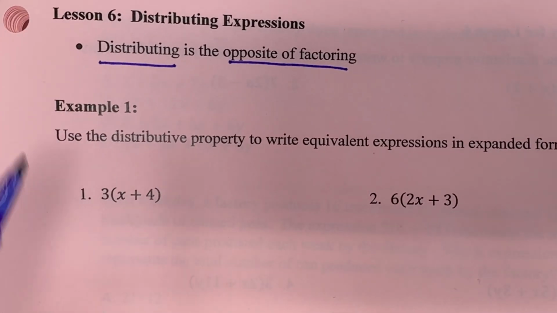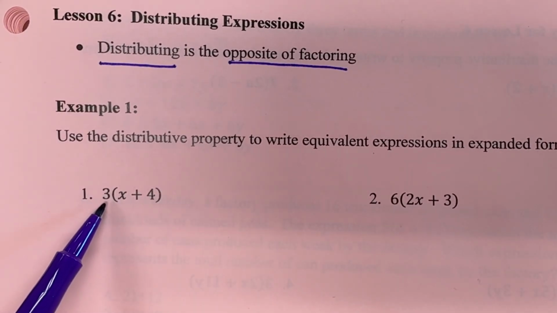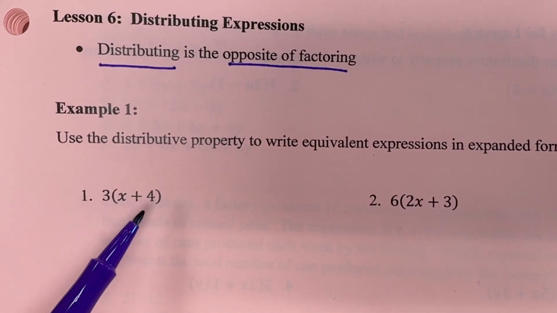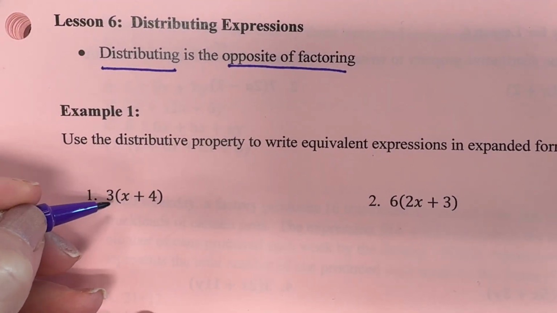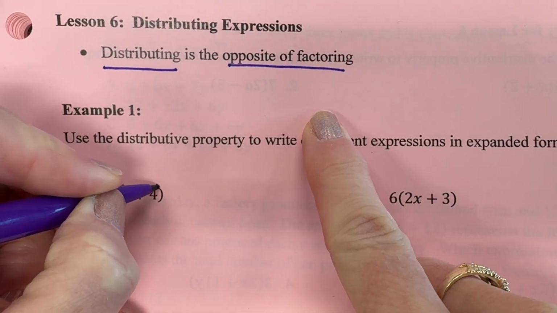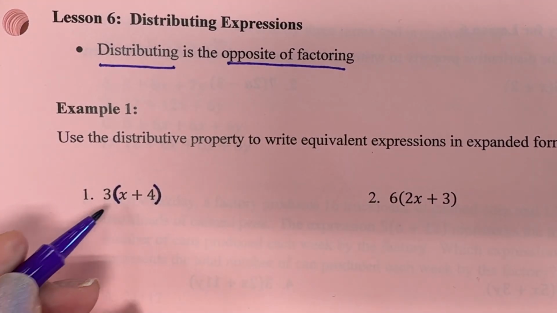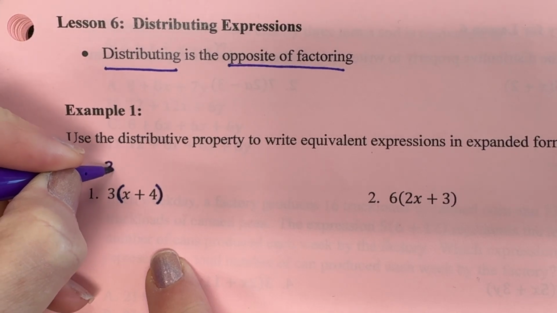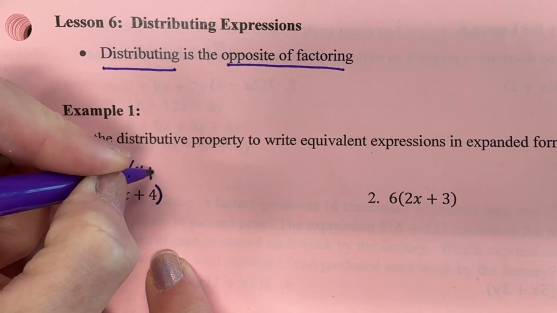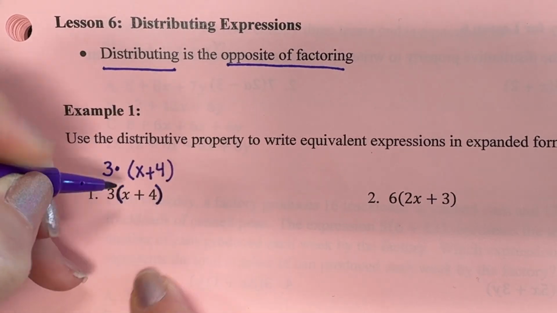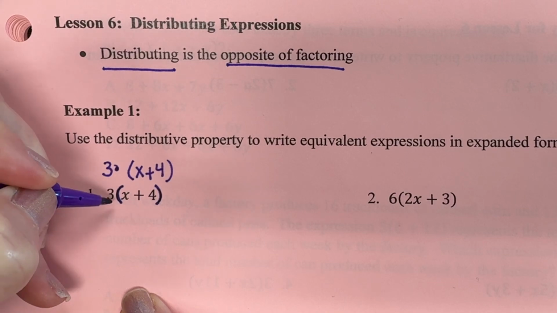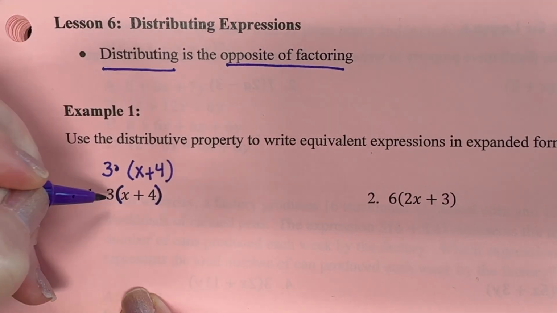Okay, so number 1, we're taking 3 times the quantity of x plus 4. When you have the 3 sitting in front of these parentheses, that means the same thing as 3 times x plus 4. We don't write the times sign, but it is there. It's like imaginary, but it is there.